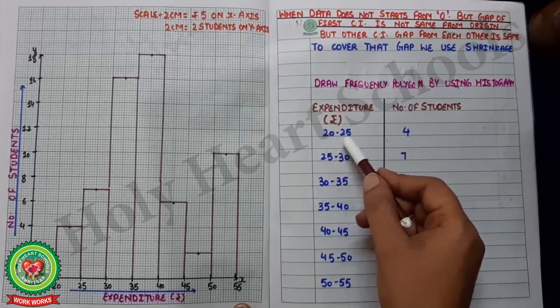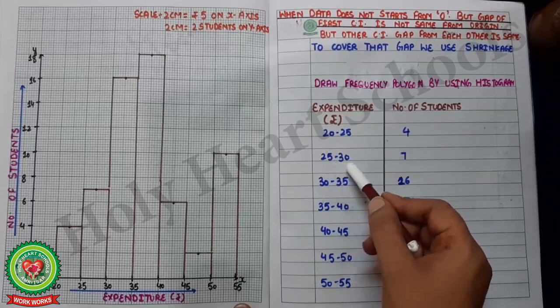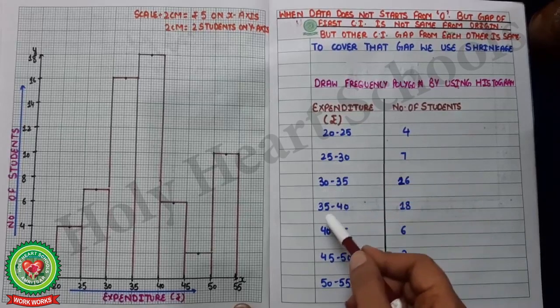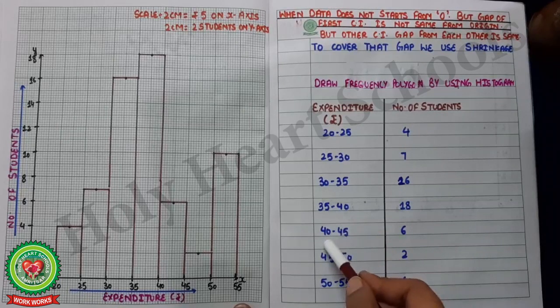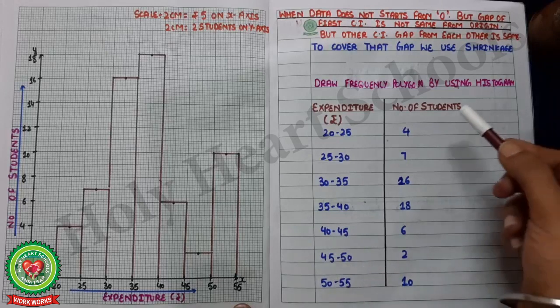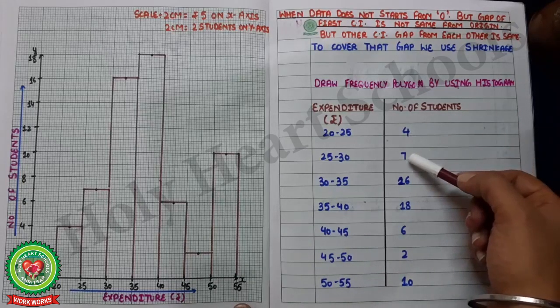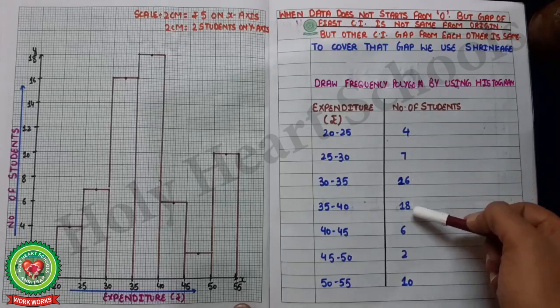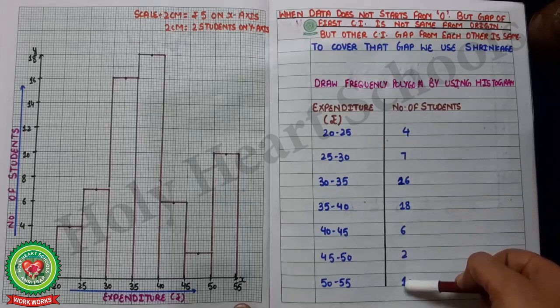Expenditure 20 till 25, 25 till 30, 30 till 35, 35 till 40, 40 till 45, 45 till 50 and last is 50 till 55. And number of students are 4, 7, 16, 18, 6, 2 and 10.